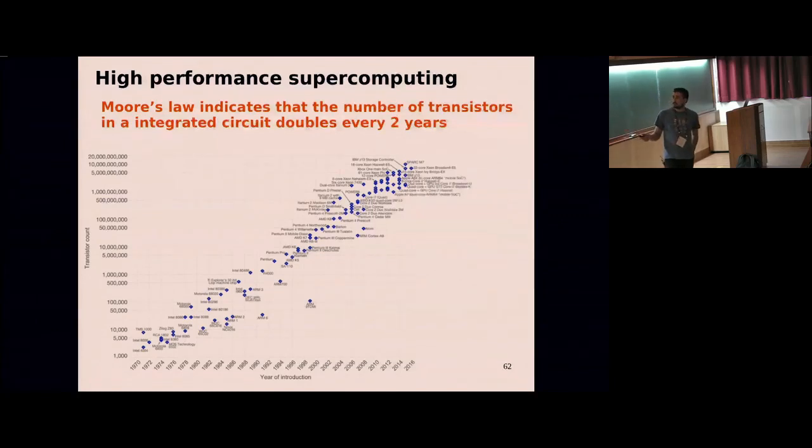This is a plot showing the number of transistors as a function of year. In the 70s, when the first numerical simulations were done, there were only about a few thousand transistors. Nowadays, some of the largest ones contain 20 billion transistors. This trend keeps going, and there might be limits in the future, but so far this has been remarkably consistent over 40 years.